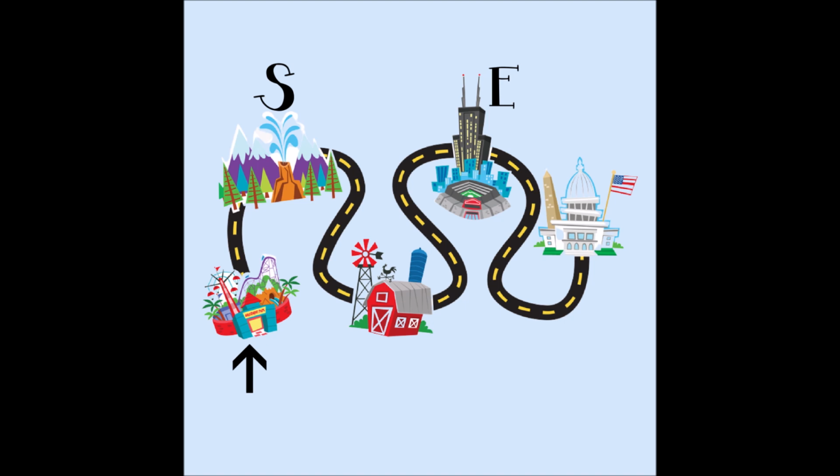Which girl will need the longest amount of time to arrive at the carnival? If you said Emily, you're correct. Good job. Since Emily is the farthest away from the carnival, it will take her the longest amount of time to drive there. Good job.